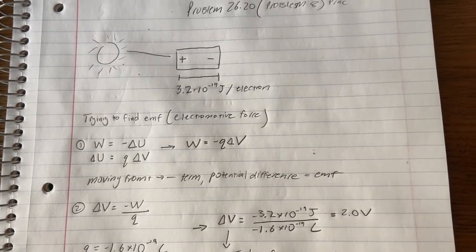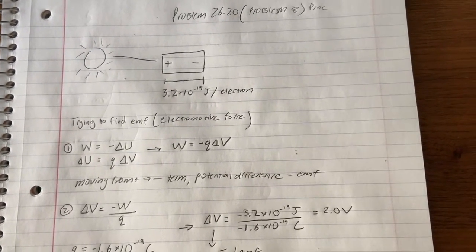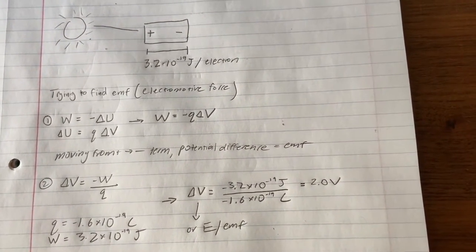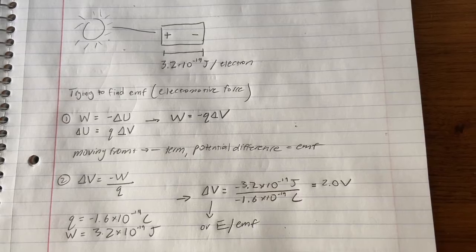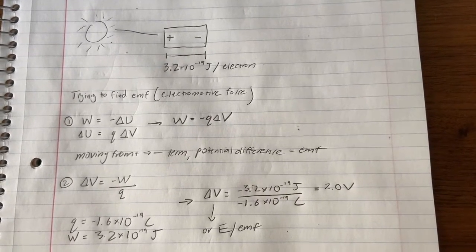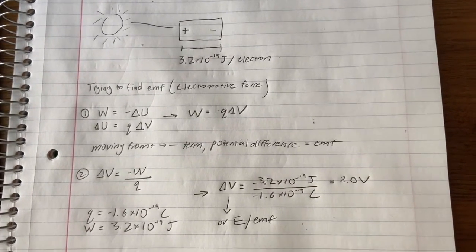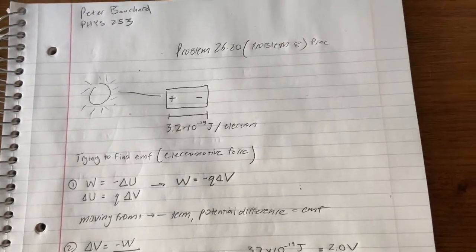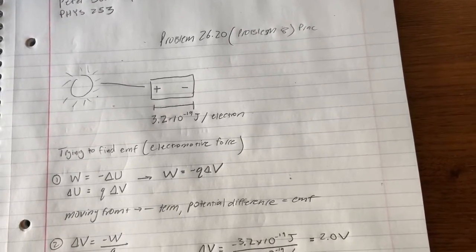So what we're going to do in this next step is substitute the charge times the change in potential, or this delta V, for delta U, because we are ultimately solving for delta V, or the EMF.